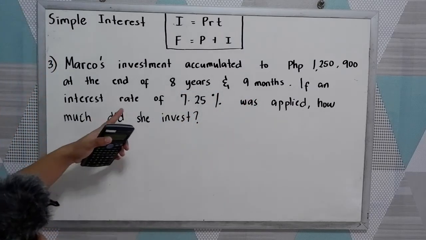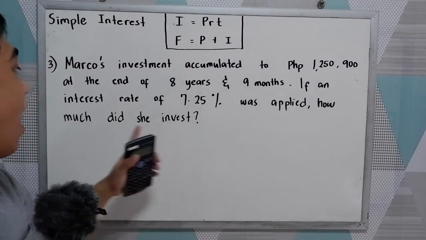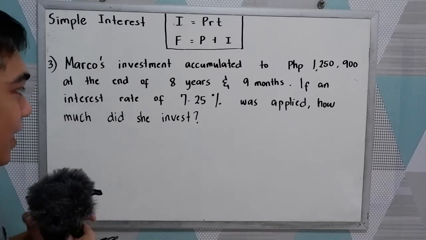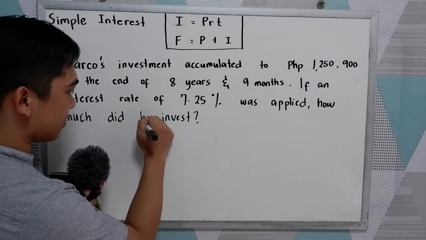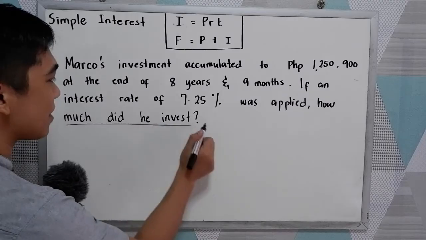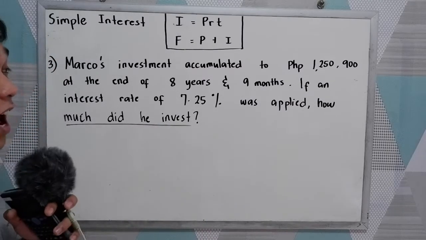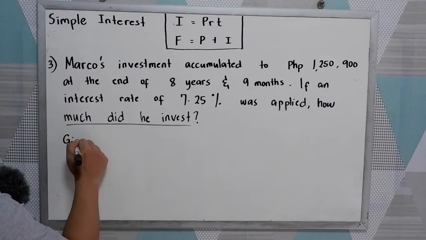If an interest rate of 7.25% was applied, how much did he invest? So we're going to find the principal. How much did he invest? Principal. Now first, let us determine the given.